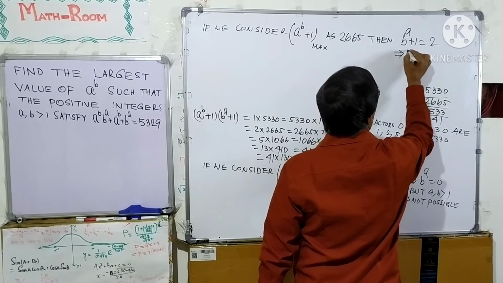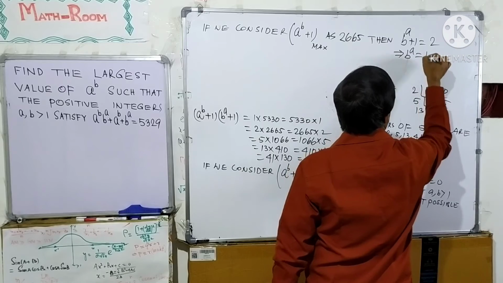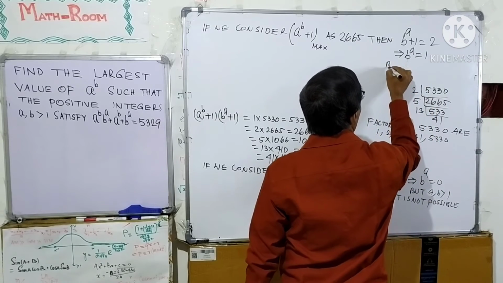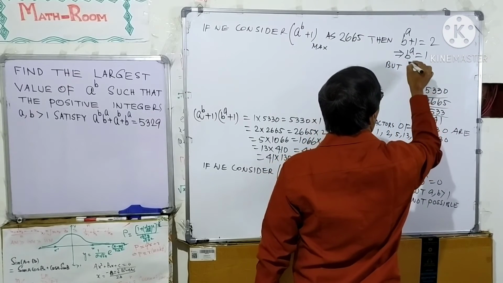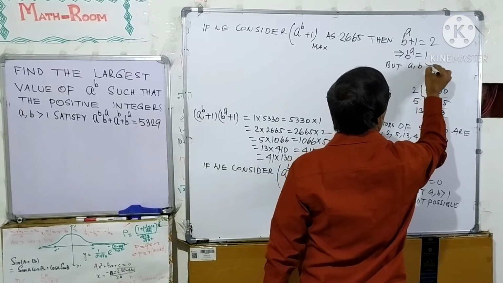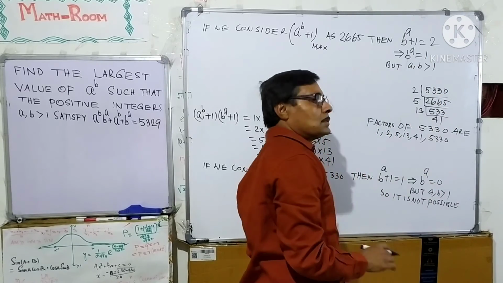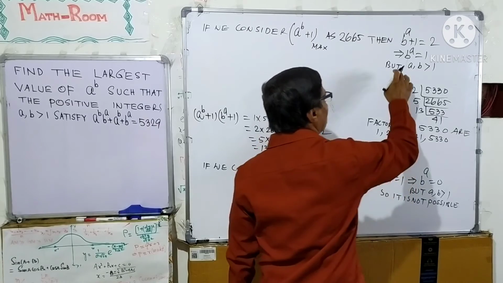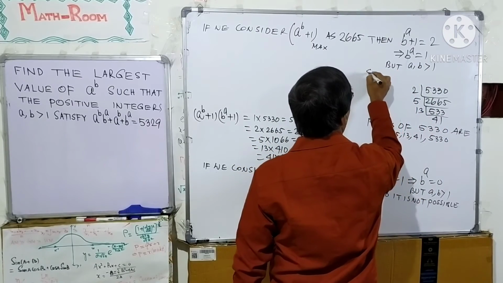This implies b to the power a equal to 1, but a, b are greater than 1, so this is not satisfied. It is not possible.